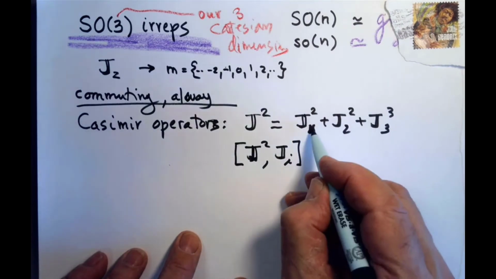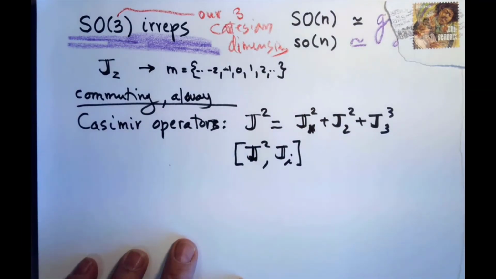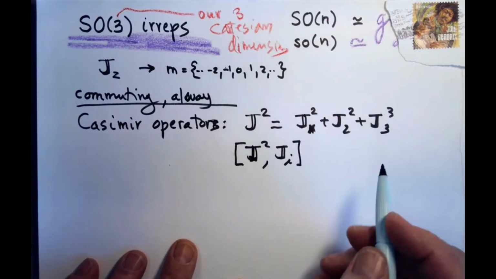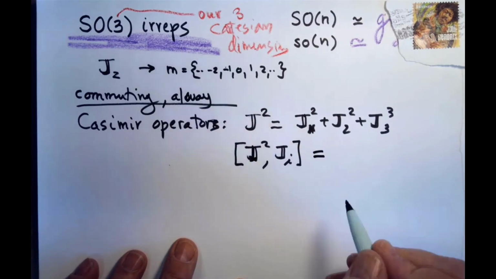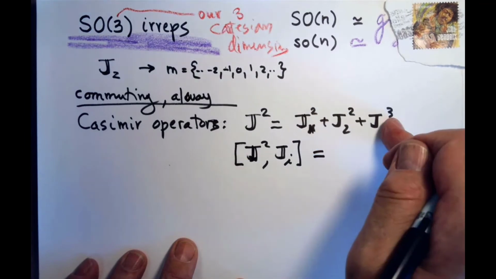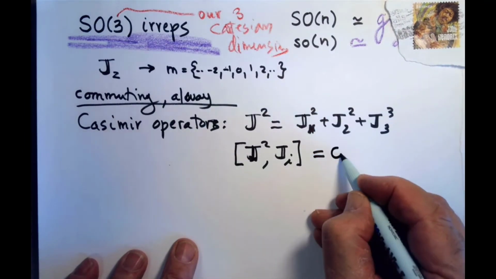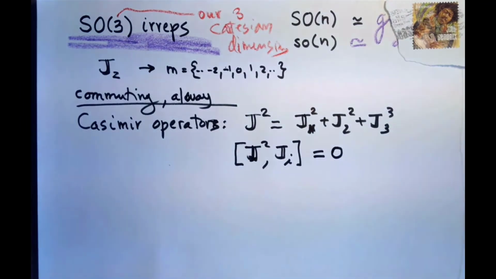The commutator with the term itself is 0, no problem. And the 2 other ones get exchanged, but I have a sum of them. So what happens here gets exactly canceled by what happens with the other term. And I verify that this is 0.